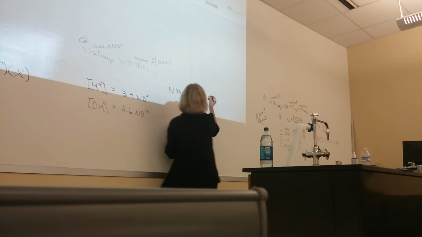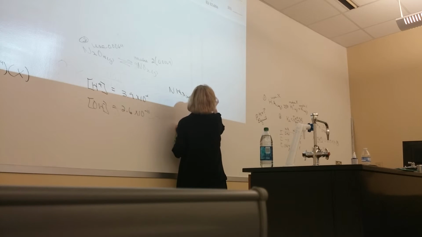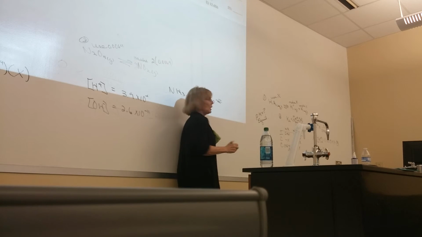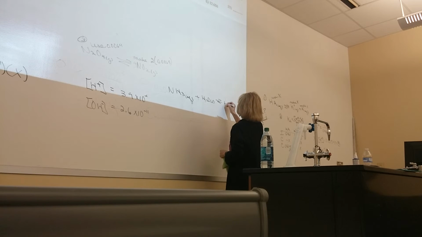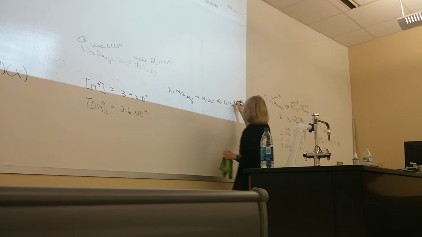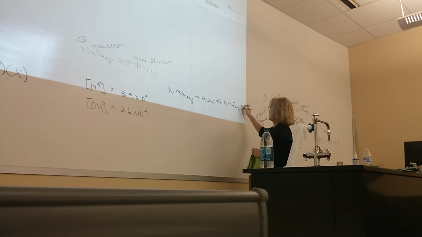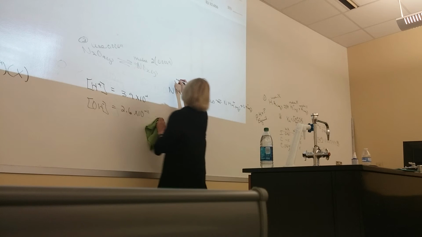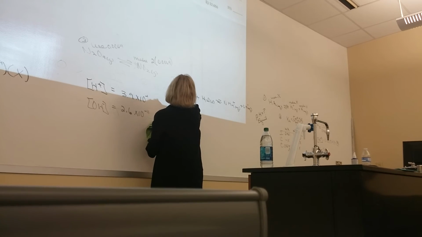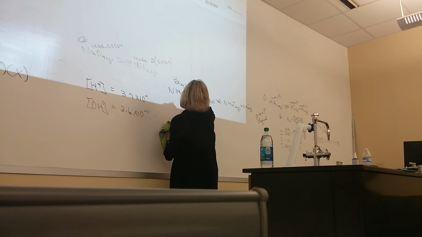I'll show it both ways, but remember with weak bases you have to include the water: ammonia plus water gives ammonium ion plus hydroxide. Or, if you prefer, you can just say this is the base, and I've got to add water.